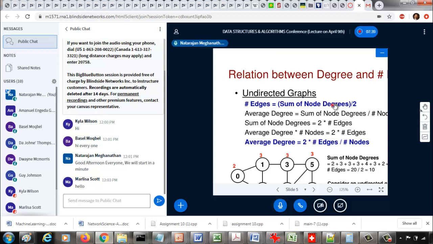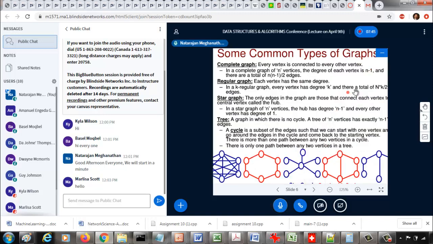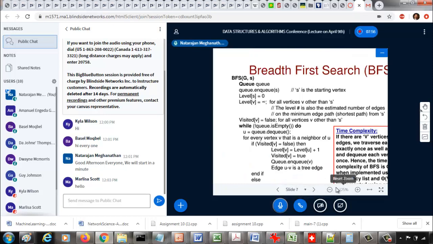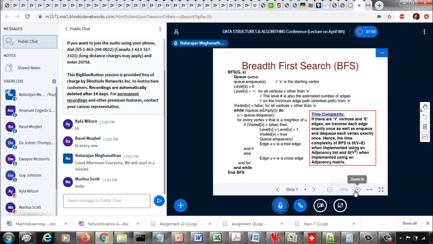For n vertices, it's going to be n times k, and divide by 2. So that's the number of edges. So the number of edges in a k-regular graph would be n times k divided by 2. Okay, so that's something you have to know about the relationship between the degree and the number of edges.